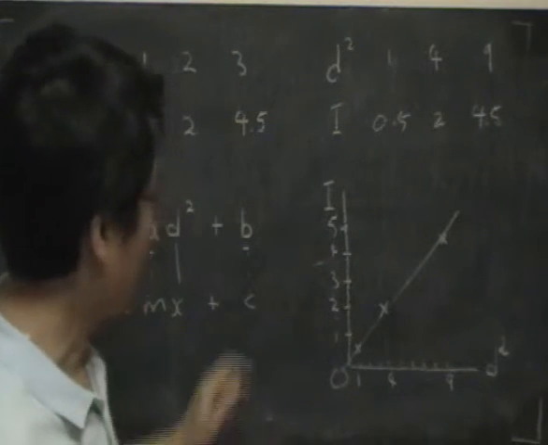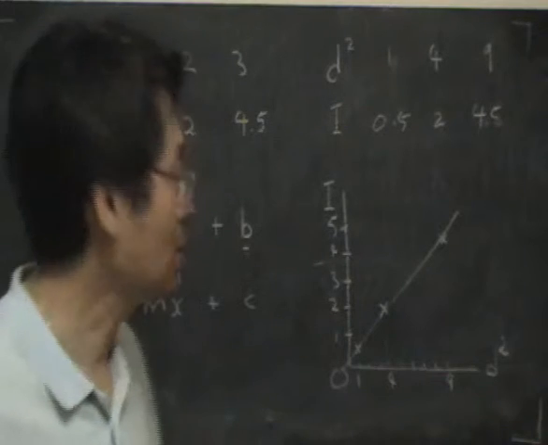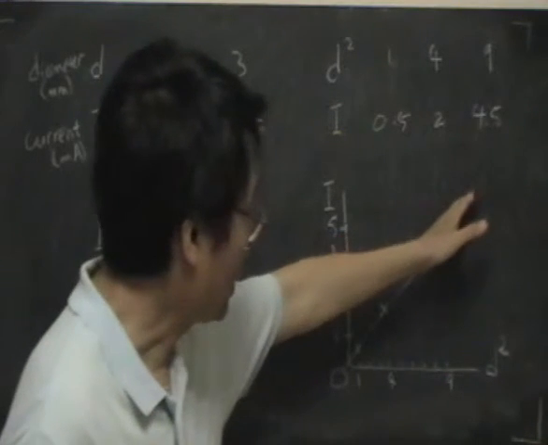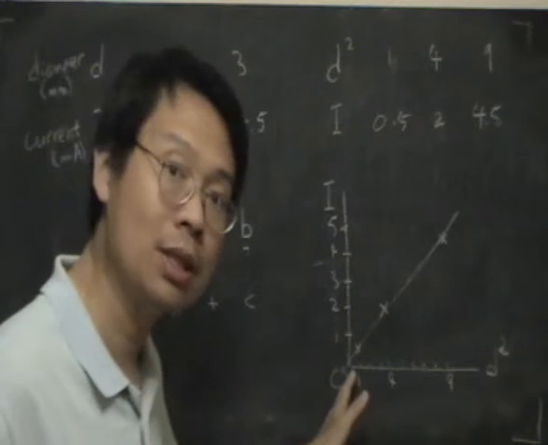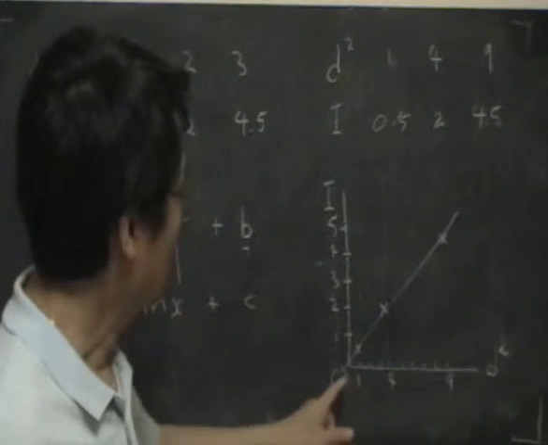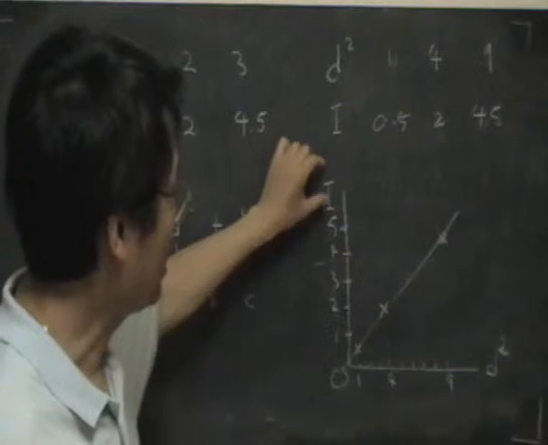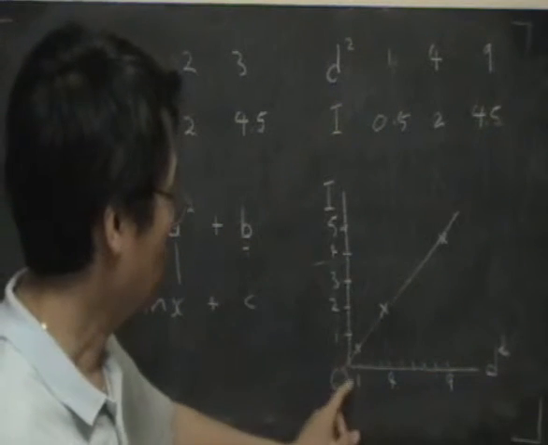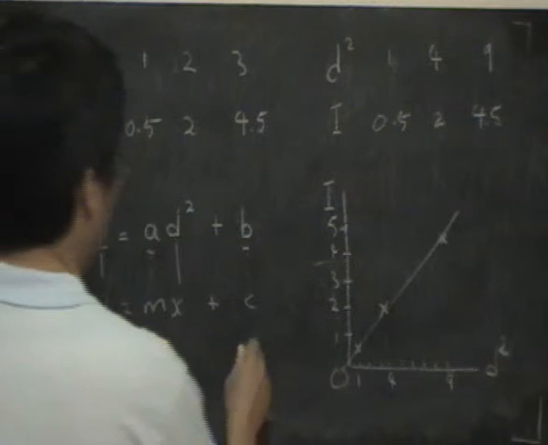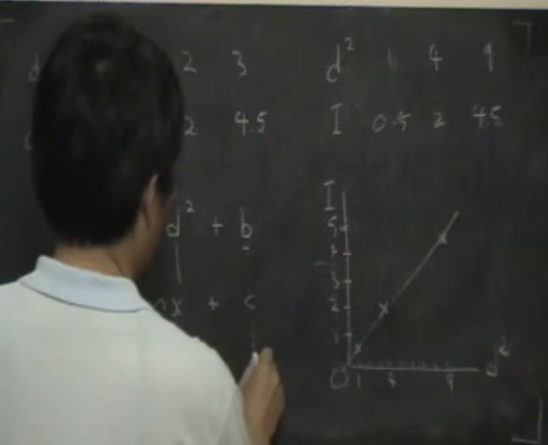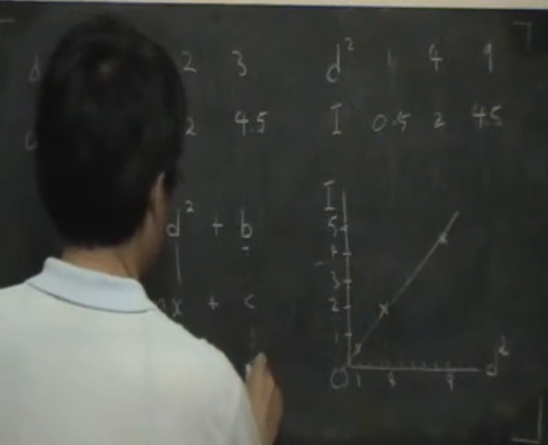Okay, let's start with the intercept, always the easy one, where the line cuts the vertical axis. So in this case, instead of y-axis, you have the I-axis. So it cuts the vertical axis at 0. So the intercept is 0.